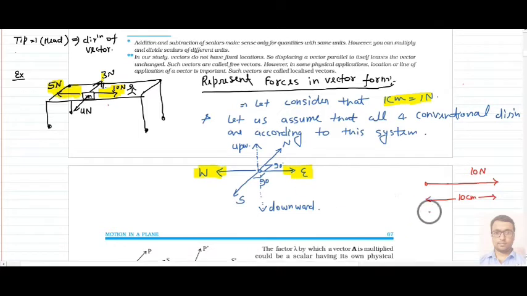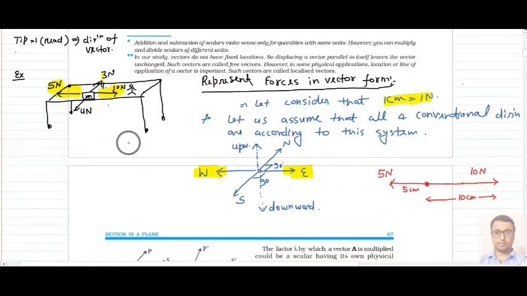For that we have to make one arrow and its length should be 5 centimeter, made with the help of a scale, and it will be your 5 Newton force, and this is the origin point.